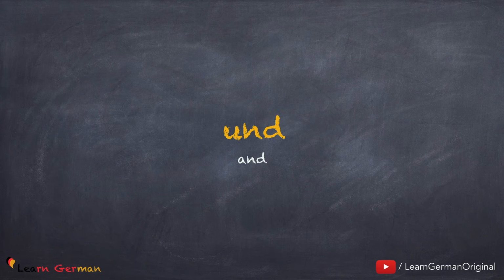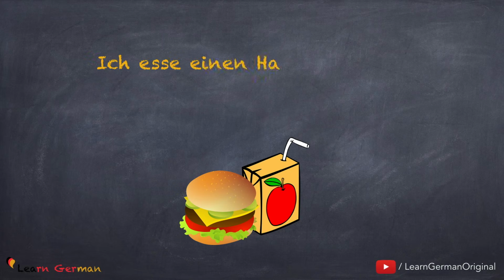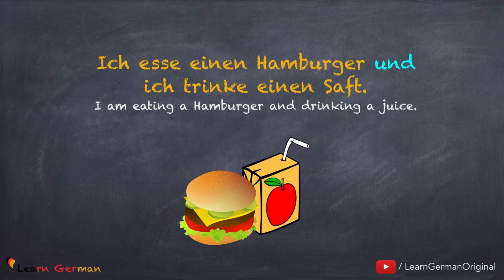also very simple. Und. And the first example is: Ich esse einen Hamburger und ich trinke einen Saft. Here also, the conjunction und is bringing two sentences together.